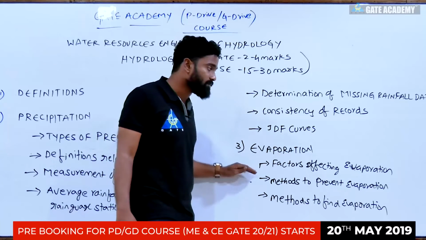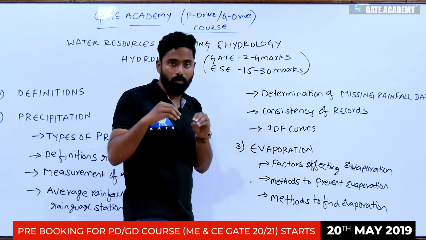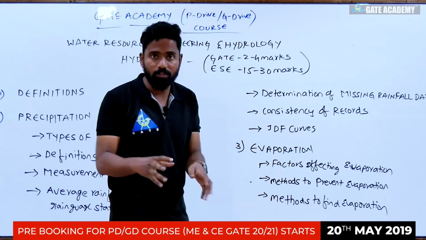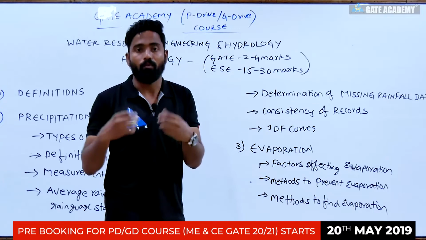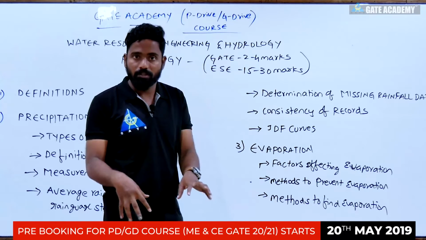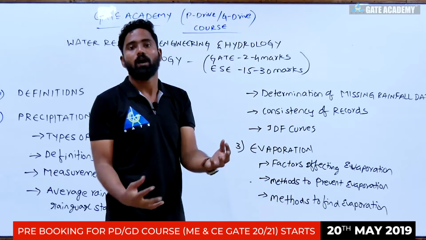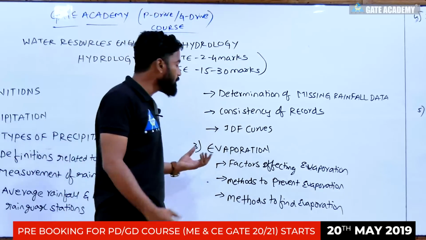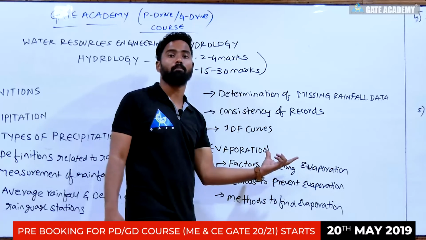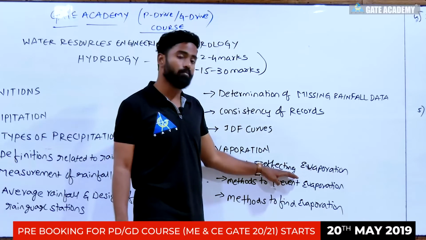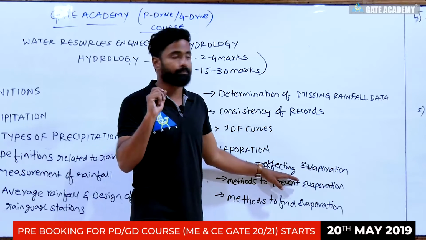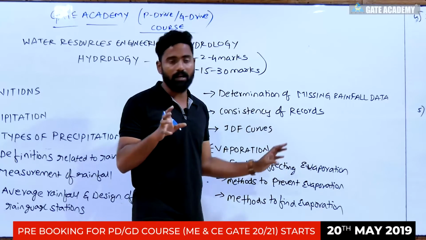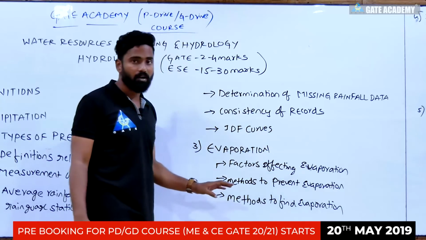Factors affecting evaporation like temperature, wind, vapor pressure, atmospheric pressure, depth of water bodies and shape of water bodies, how each affects it, will be discussed. This is important in your ESE theoretical question.